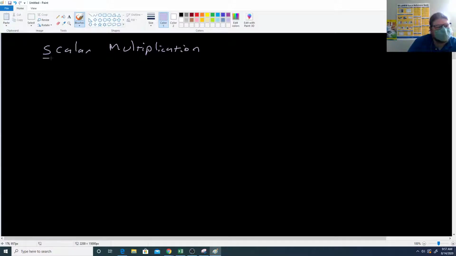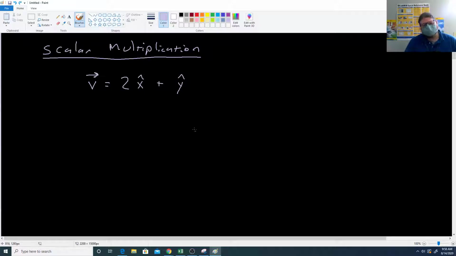If you remember from the little video we watched, a scalar is just a magnitude, but it has no direction. So if we had a vector v that is equal to 2x hat plus a single y hat, which we could write as just y hat, there's really a 1 here, but we don't write it.